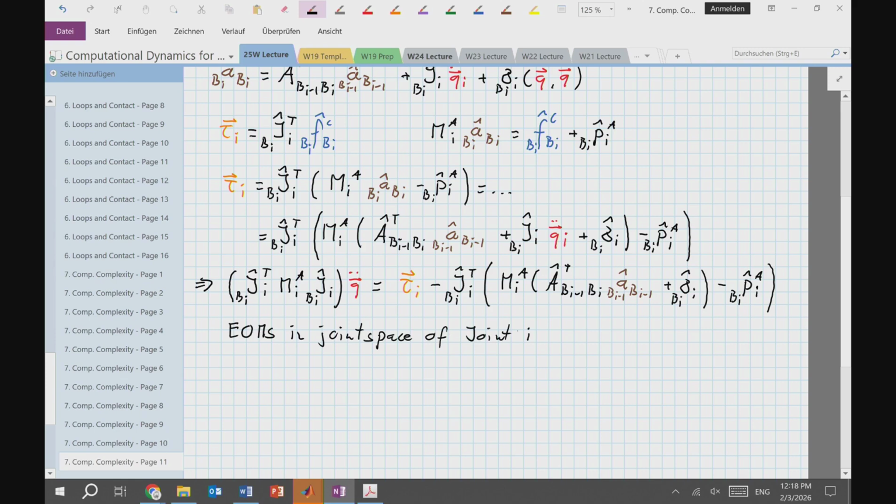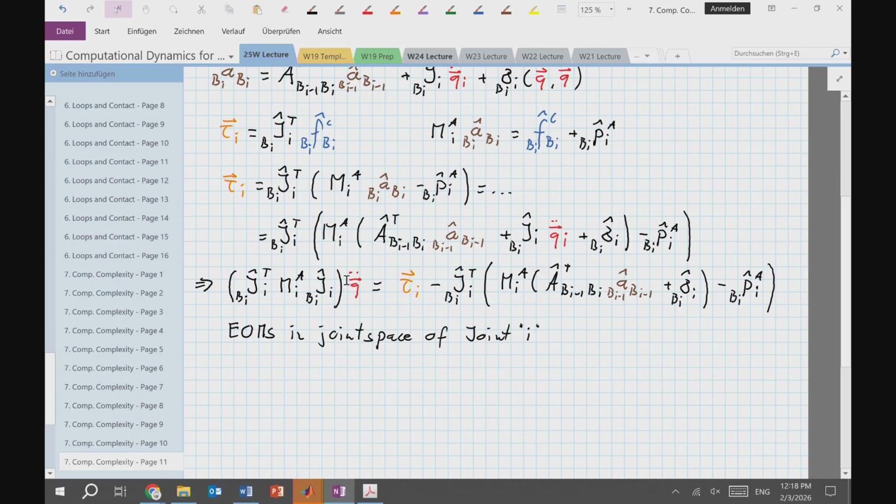Right, so you see, if I have that articulated inertia of the remaining subtree and the acceleration of the predecessor, I can do this, right? I can project everything into the joint space, and that projection happens in constant time because none of the involved quantities is larger than 6 by 6.